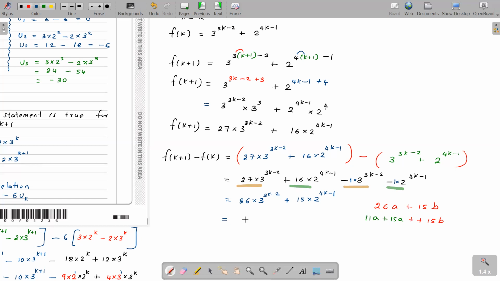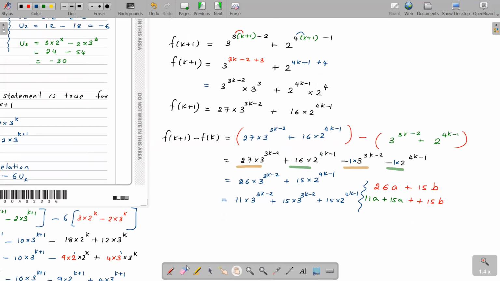26 times 3 to the power 3k minus 2 is 11 times 3 to the power 3k minus 2 plus 15 times 3 to the power 3k minus 2, plus 15 times 2 to the power 4k minus 1. Are you with me? Now what I can do here is, for the 15 terms, take the 15 out. When I take the 15 out, what do I get? 3 to the power 3k minus 2 plus 2 to the power 4k minus 1.